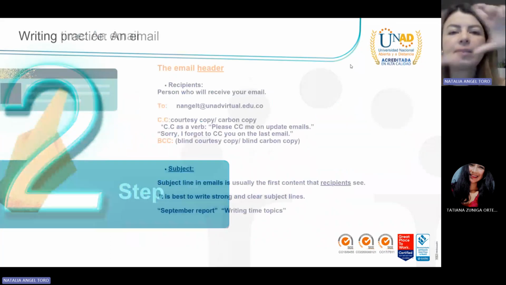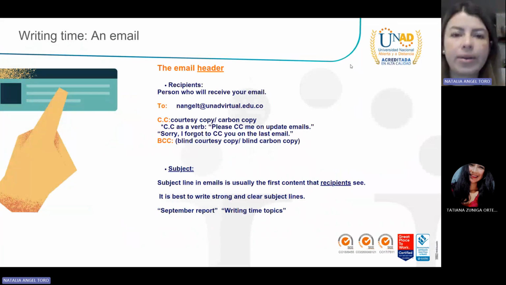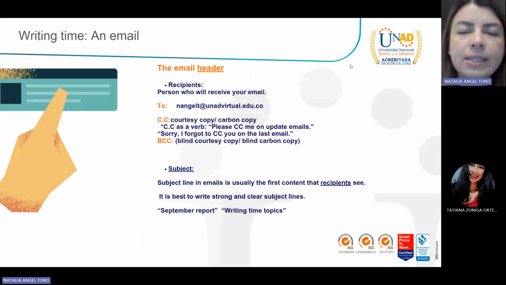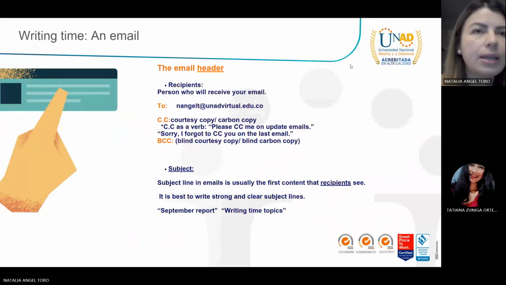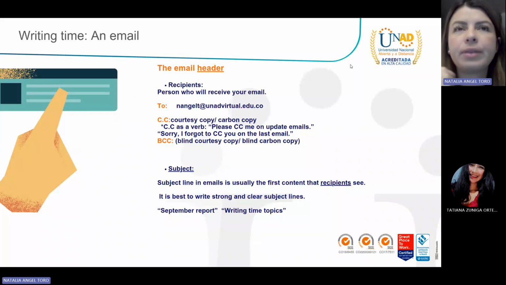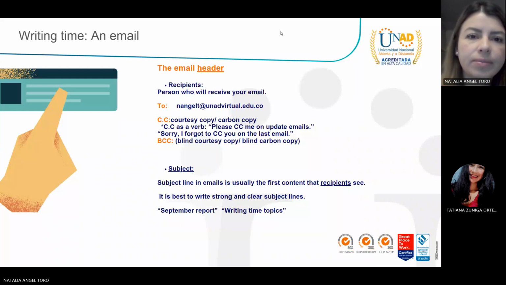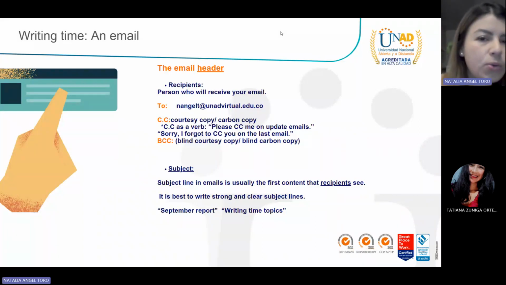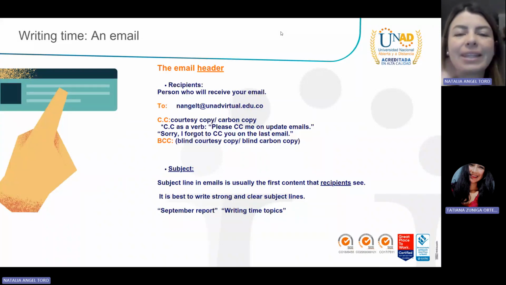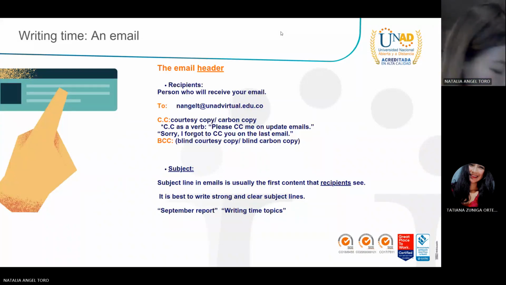So the first part, the email header. Normally, what do you think is informed by the header? ¿Qué tipo de información? What kind of information do you think is situated there? ¿Qué tipo de información crees que se ubica en la parte inicial de un email header, de un correo?